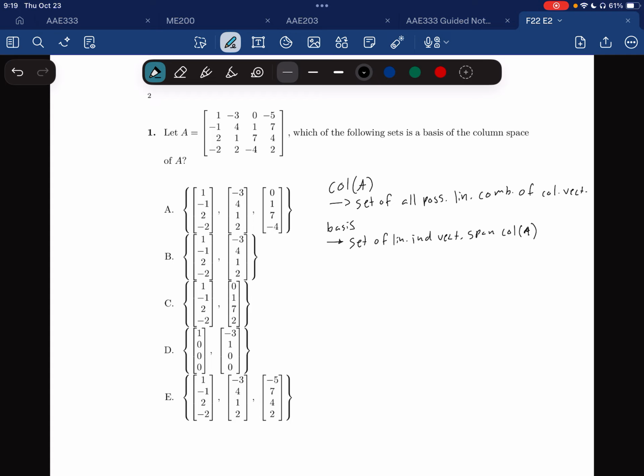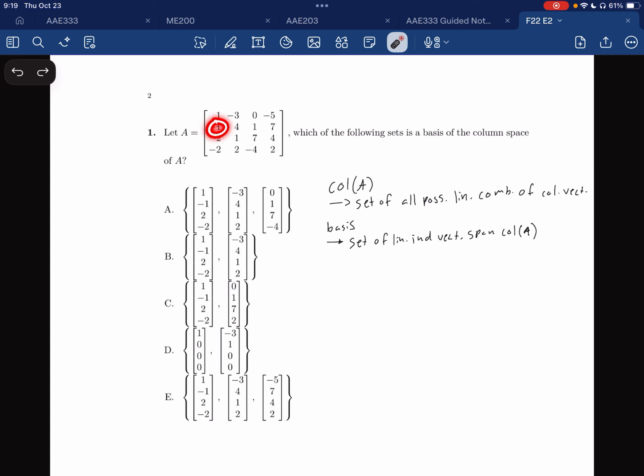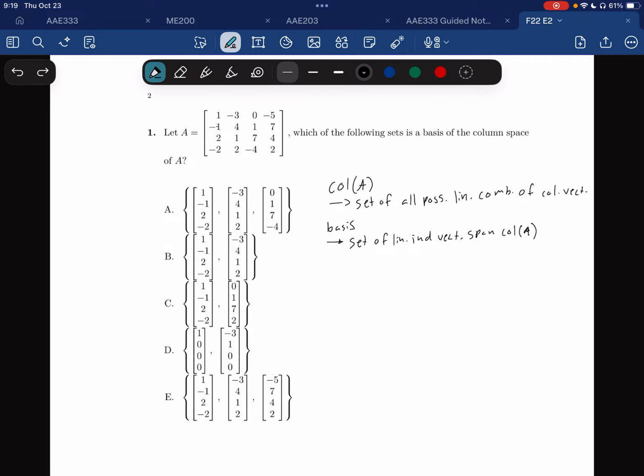So we have our original matrix A. I'm going to first get rid of this -1 right here. And the way I can do that is by saying R2 is going to be equal to R2 plus R1.